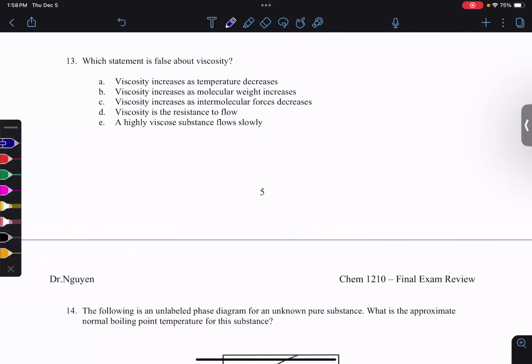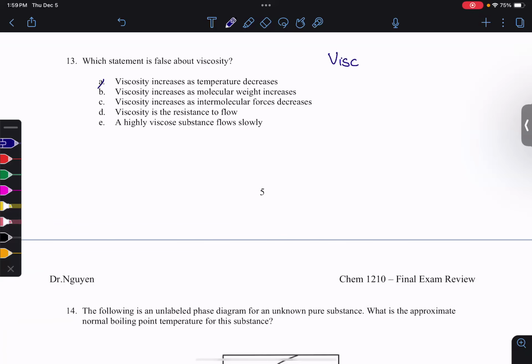Which statement is false about viscosity? Viscosity increases as temperature decreases. No, that is false. Wait, hold on. Is viscosity things that flow slow? What is it? I forget. Yes, okay, all right.